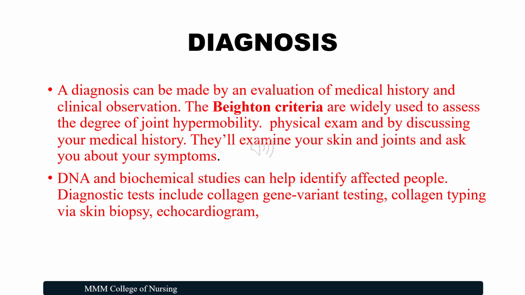They might examine your skin and joints and may ask you about your symptoms. DNA and biochemical studies can also help in identifying affected people. Diagnostic tests like collagen gene variant testing, collagen typing via skin biopsy, and echocardiogram are also some of the diagnostic measures for EDS.